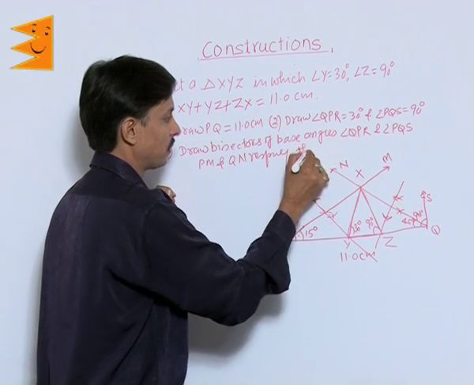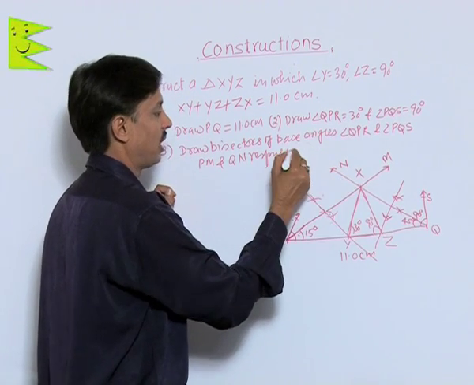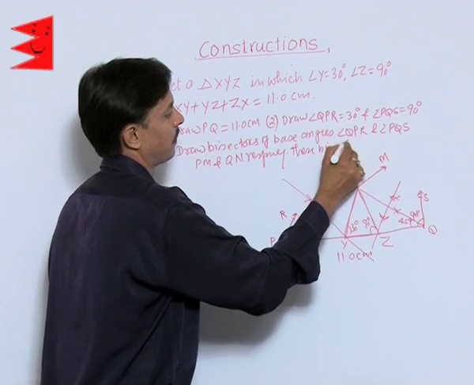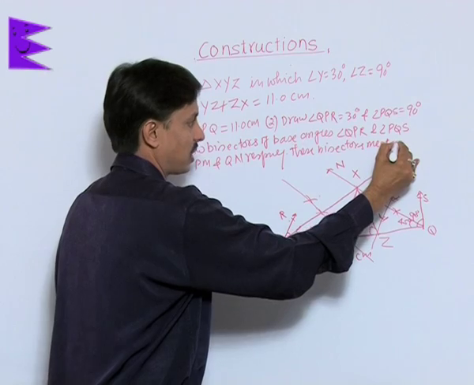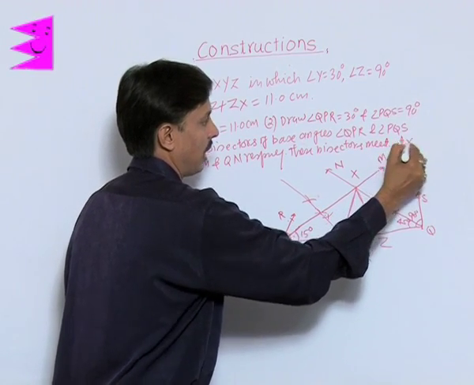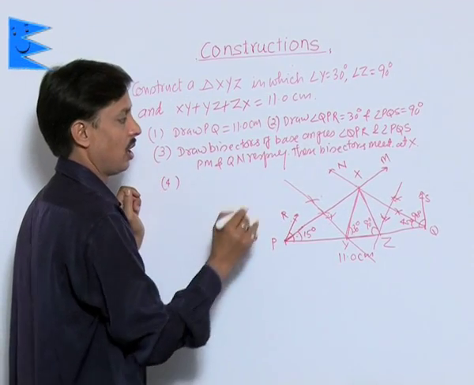These bisectors meet at a point X. Then what is the fourth step?